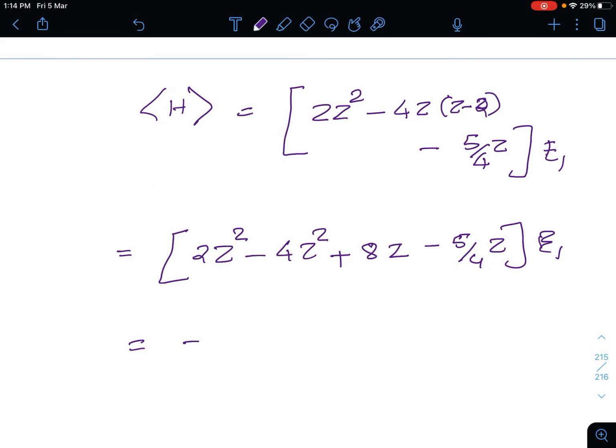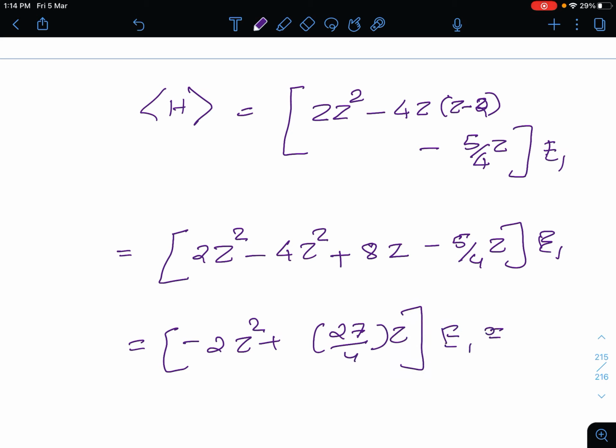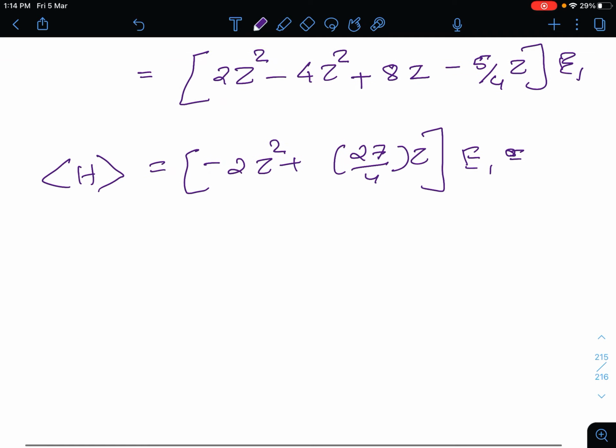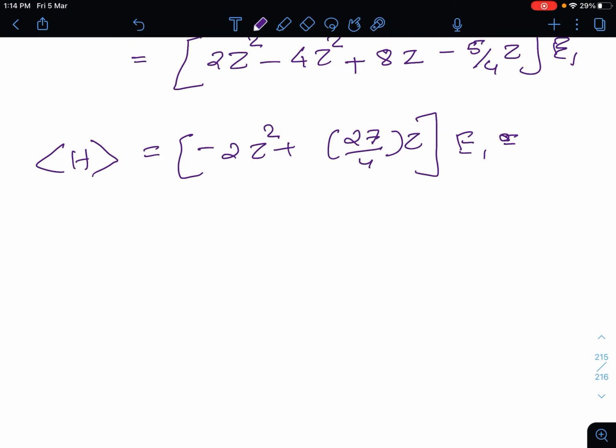That is minus 2z square plus 27/4z into E1. So that is the Hamiltonian we will be getting. Now this z is arbitrary. We do not know the value of z. To find out z, what will we be doing? We will minimize this function, and obviously we know that E1 is not equal to 0.